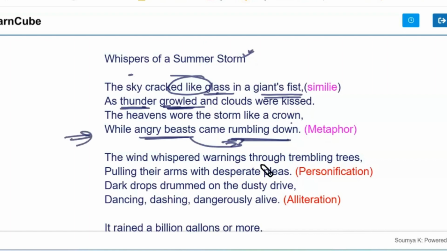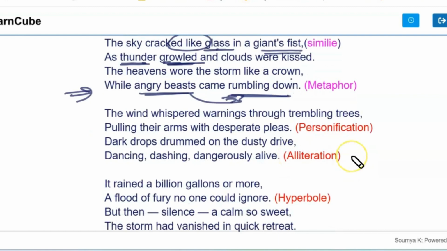Next one is the wind whispered warnings through trembling trees, pulling their arms with desperate pleas. So pulling their arms. So the comparison is given to a non-human thing. The wind is pulling the hands or the arms with desperate pleas.